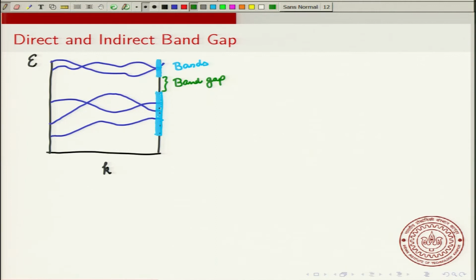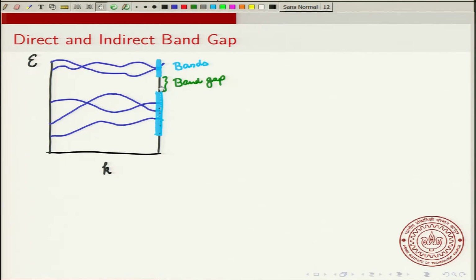When we analyze the bands a little further, we get some more information about the different bands, and often we see that the bands here are sometimes referred to as the valence band, and these are referred to as the conduction band, and then there is a band gap in the material. This is very common for a lot of the semiconducting materials.